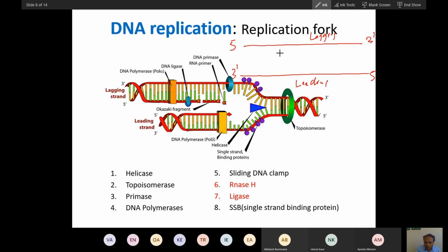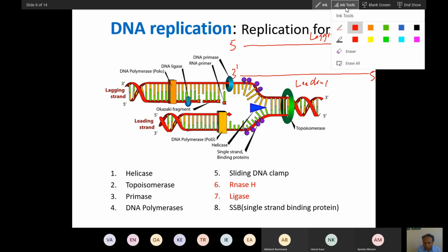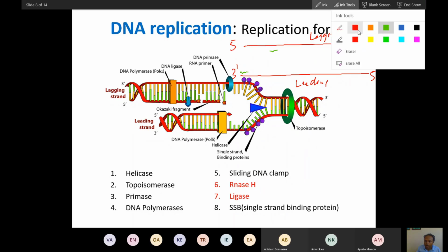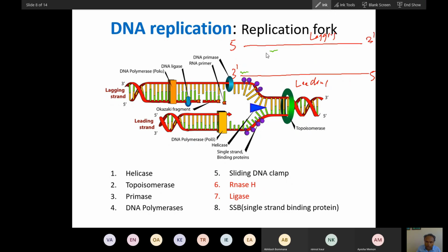So what will happen? Before DNA synthesis here, there will be synthesis of a short primer, and the primer is RNA. After this, DNA synthesis will happen.